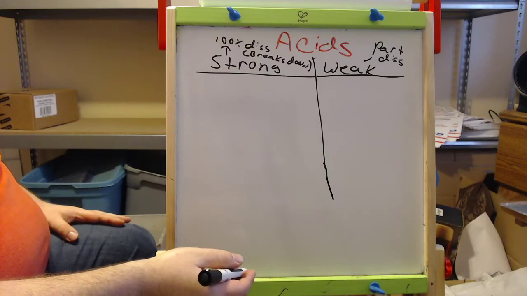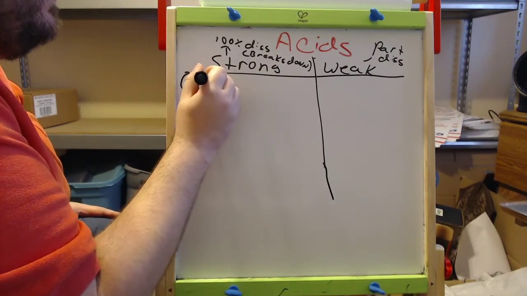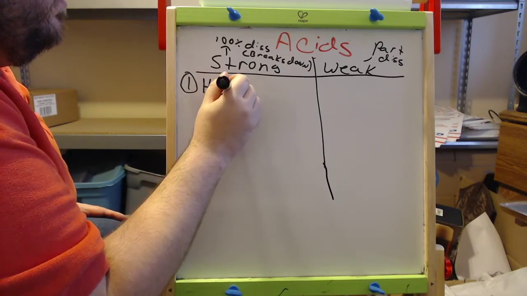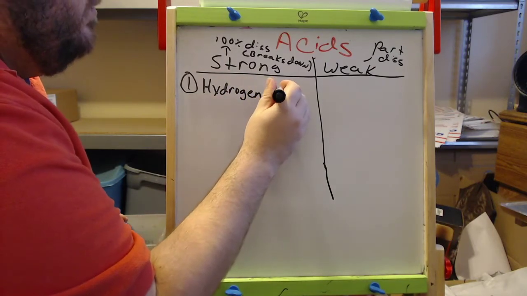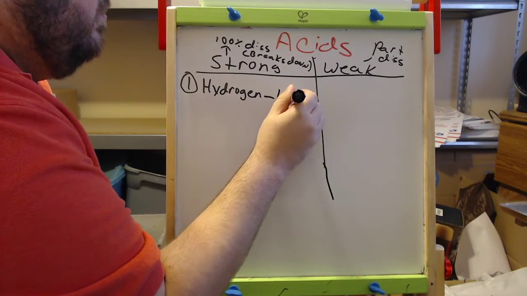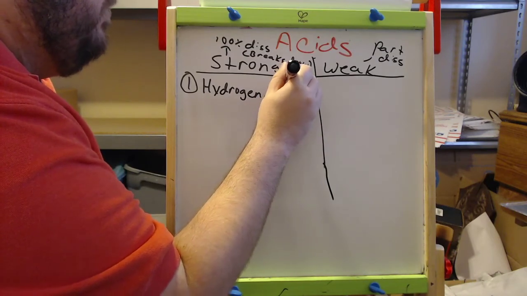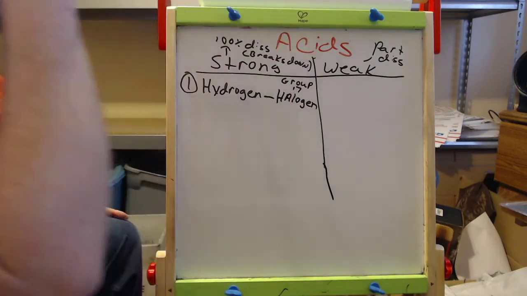So the first type of strong acid, there's only 2 types, is hydrogen bonded to a halogen. Now halogen is group 17.